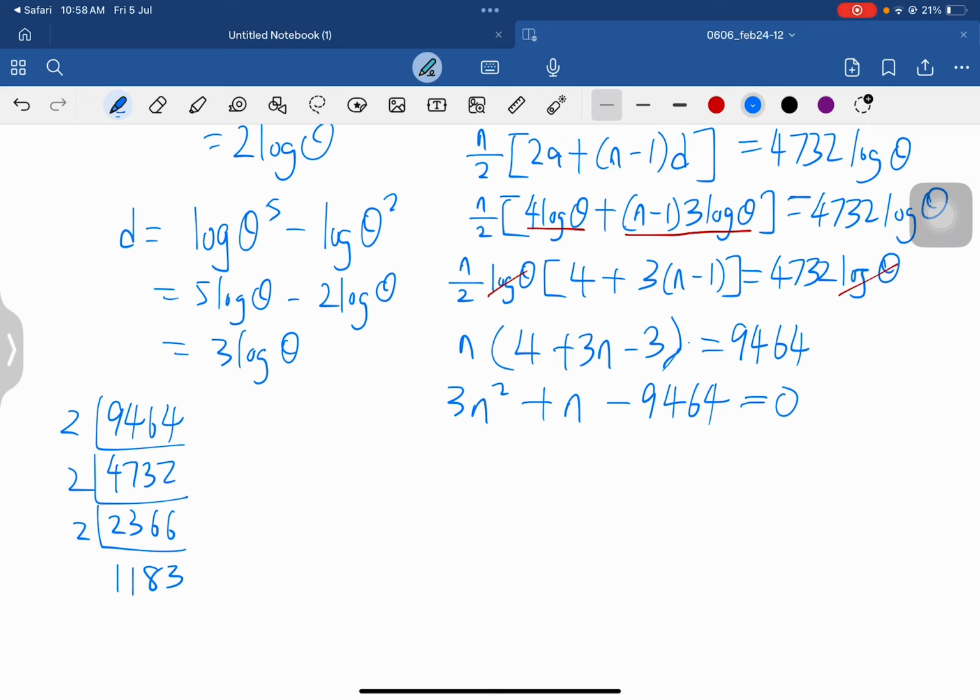Cannot divide by 3, not possible. 4, not possible. 5, not possible. 6, definitely not.